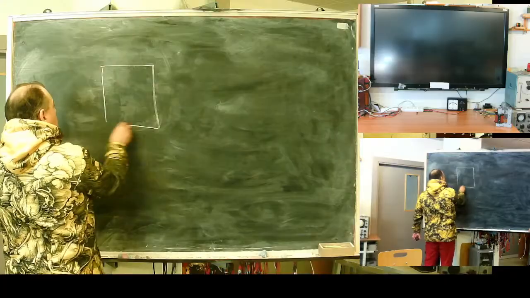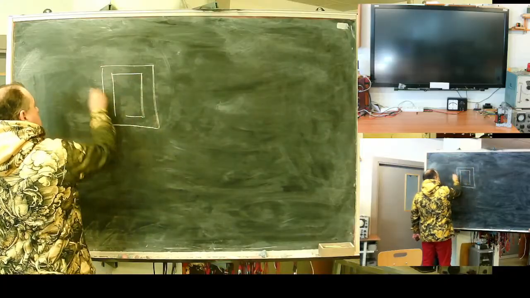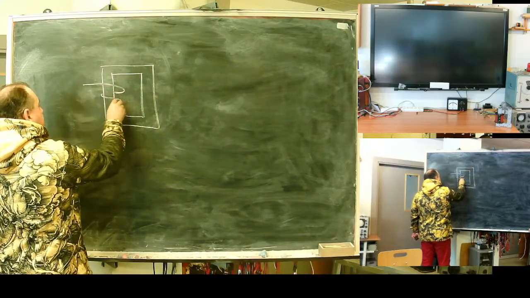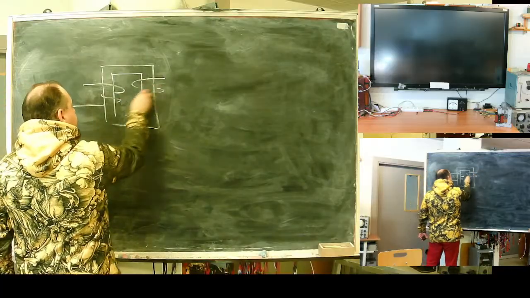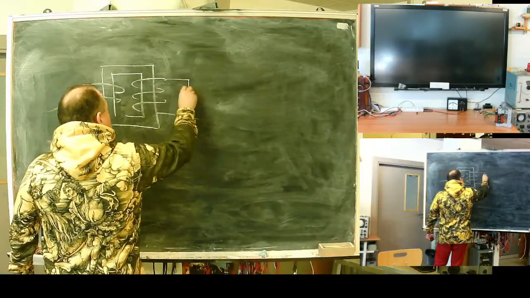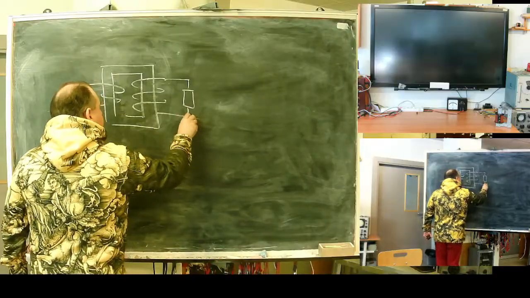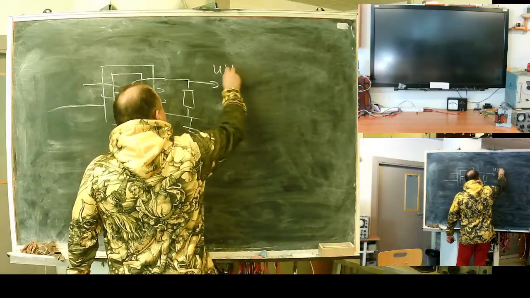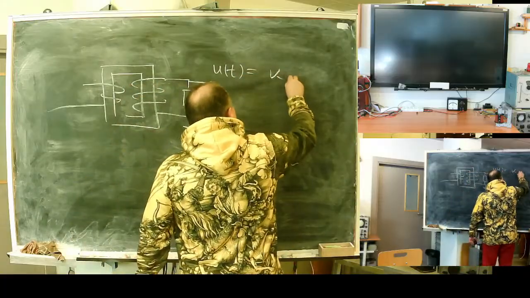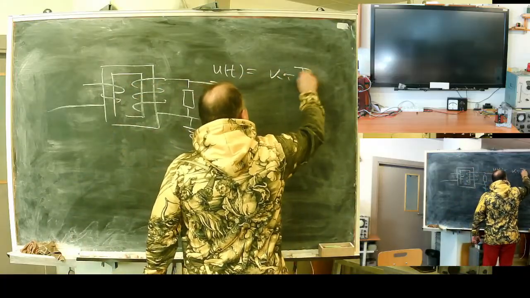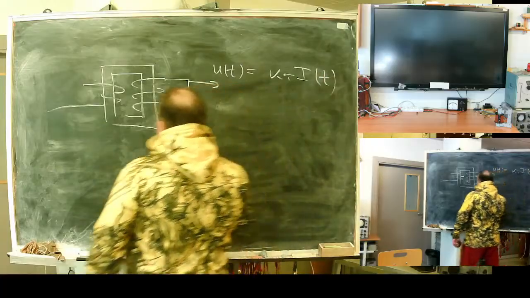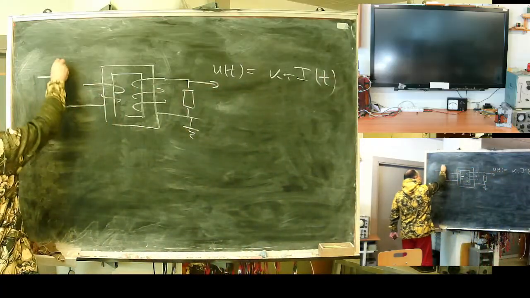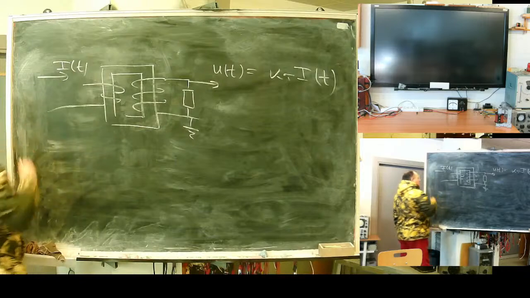The first idea can be current transformer. In theory, it's a transformer ratio multiplied by primary current.